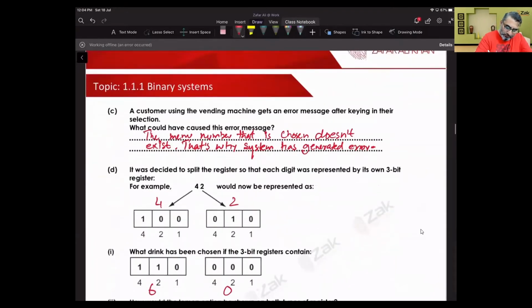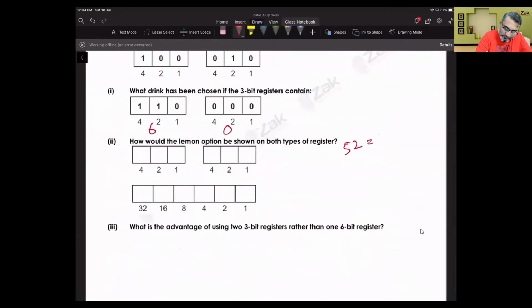So 52, lemon is 52. So 5 and 2, that is 52. So 4 plus 1, 5, and then 2, and then 52. So how we will come up with 52?